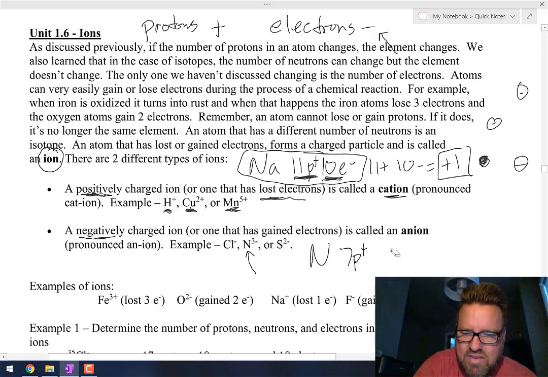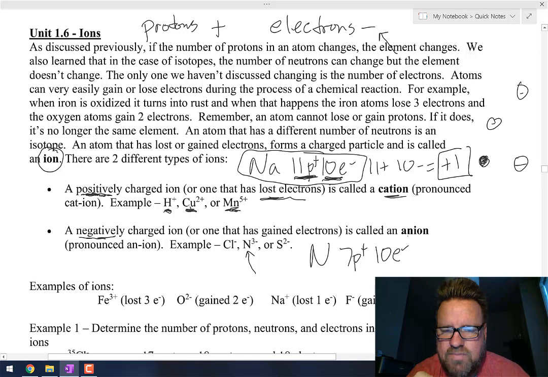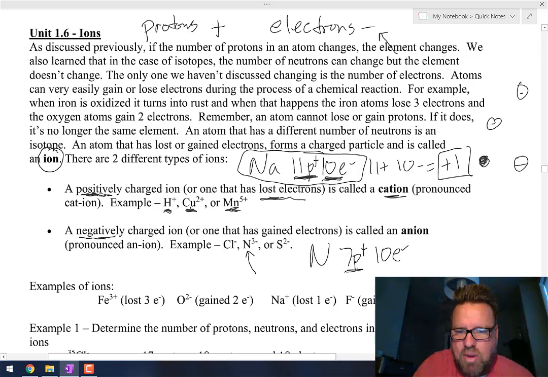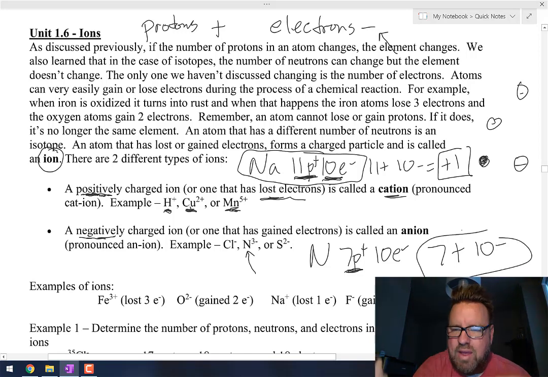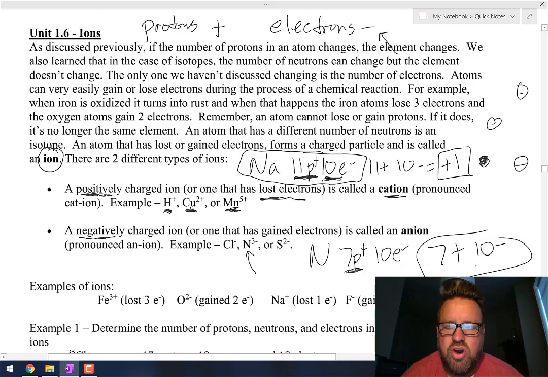So instead of 7 electrons, many times nitrogen will actually have 10 electrons. So let's combine those together and think about what that means. It means there's 7 positive charges, and now there's 10 negative charges. Put those together, combine them, what do you get overall? You get a -3 charge.